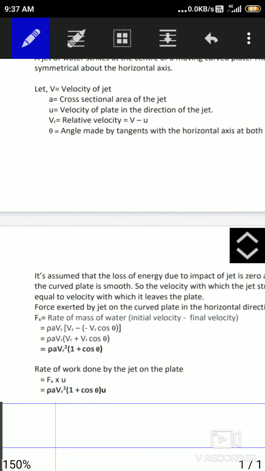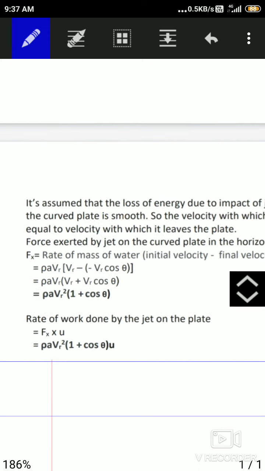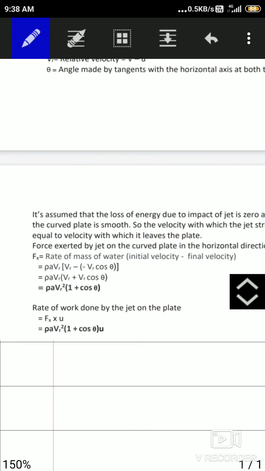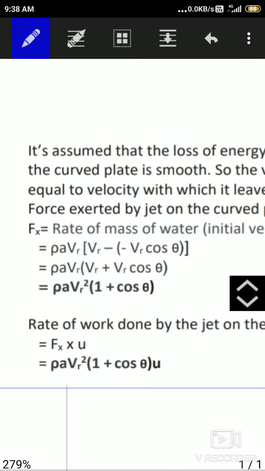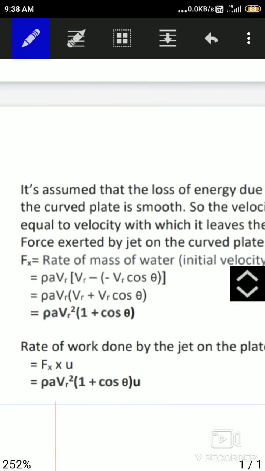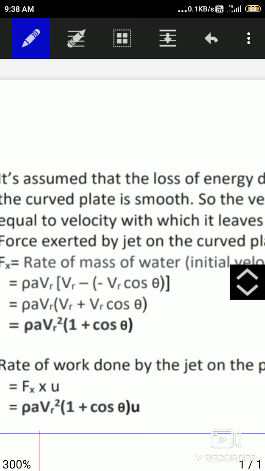Now let's derive Fx. Fx means the force exerted by the jet on the plate in the direction of x. So Fx is equal to rate of mass flow into initial velocity minus final velocity. The rate of mass here will be rho a vr, that is rho a into relative velocity.